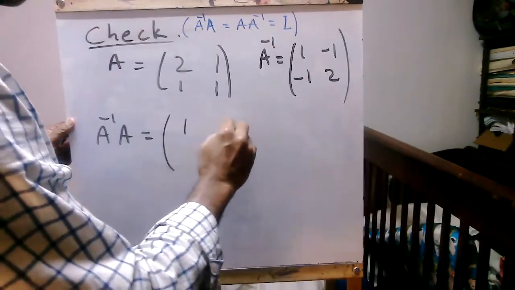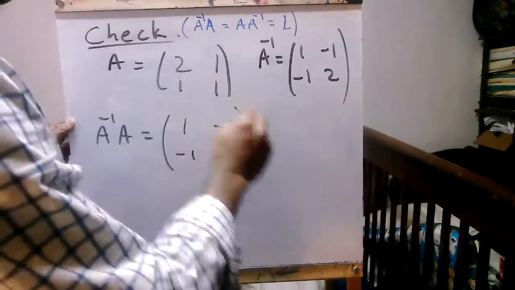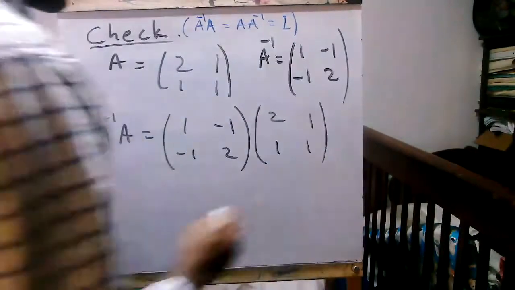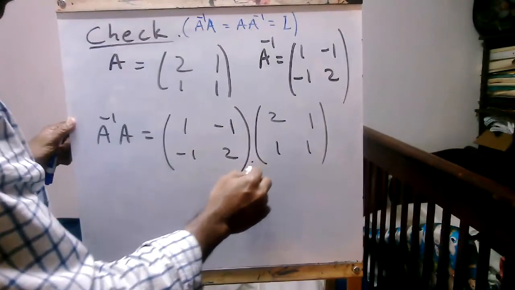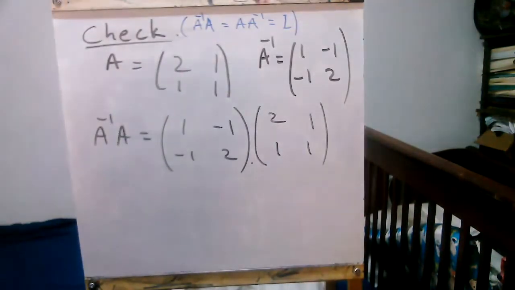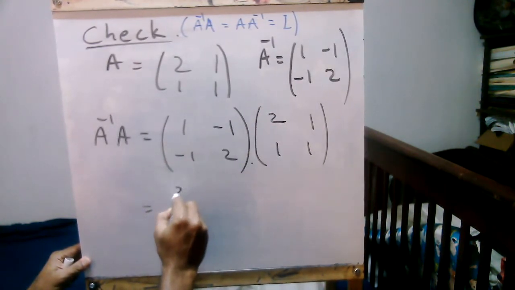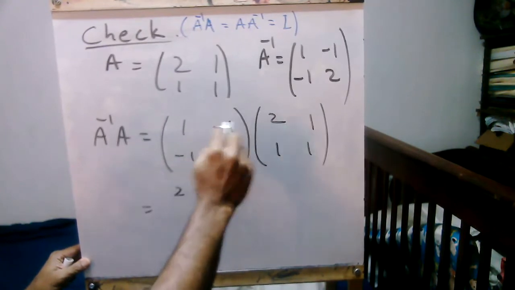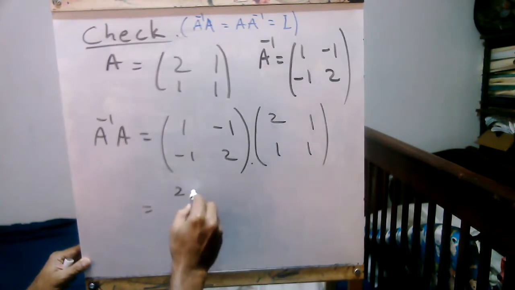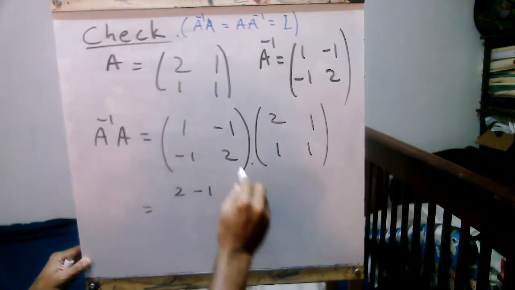We get 1, negative 1, negative 1, 2. This is A inverse. A is 2, 1, 1, 1. When we multiply row and column, remember, 1 times 2 is 2. This row and this column. Negative 1 times 1 is negative 1. Then the second element, 1 times 1 is 1.